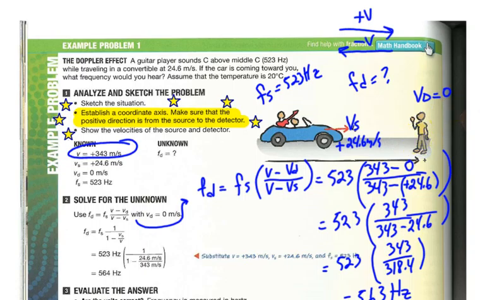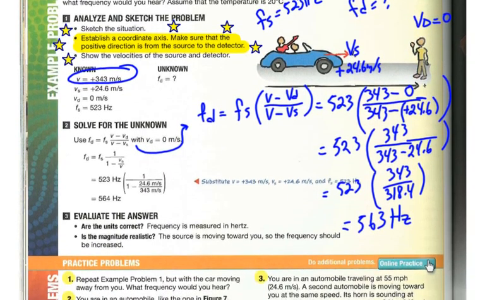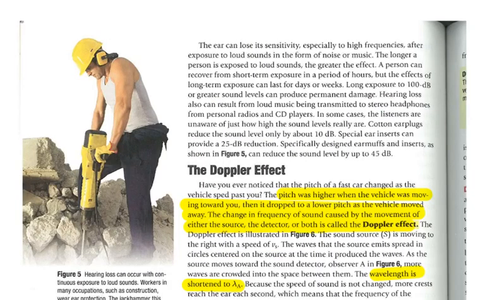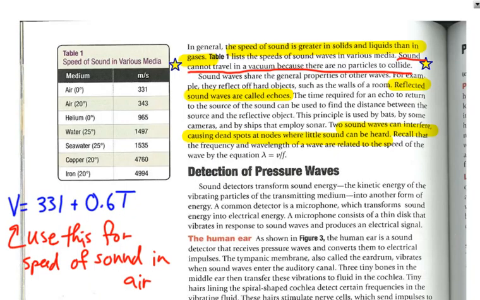So we have this. Now you see in this part here, they determine it using that rearranged formula. If we just use the original formula, let's see how we do. The frequency of the source is 523. For the speed of sound in air that day, at 20 degrees C, we could either use that formula, or I think we have a chart.